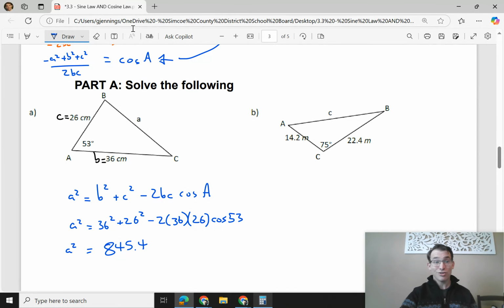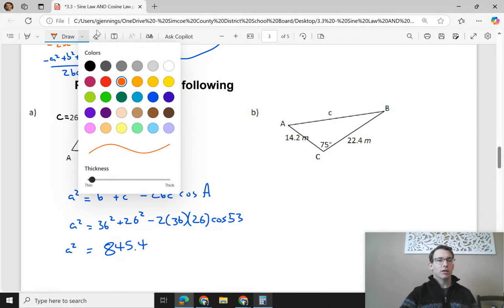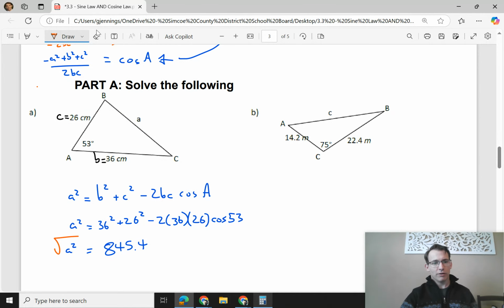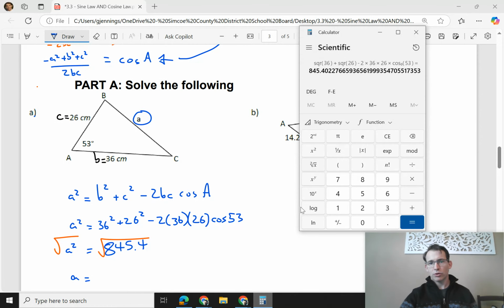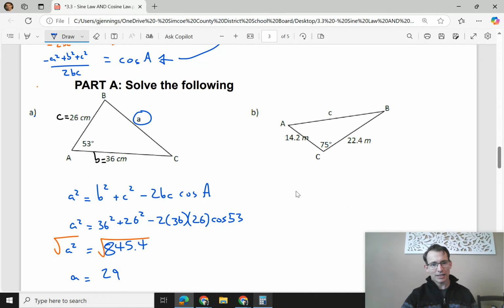Oh, right, a squared. So now I have the pleasure of taking the square root of both sides, and that will solve for a. That will be my side length. Clearly, this cannot be 845, but if I do square root of that, I get 29.07. 29 centimeters is totally reasonable, right?